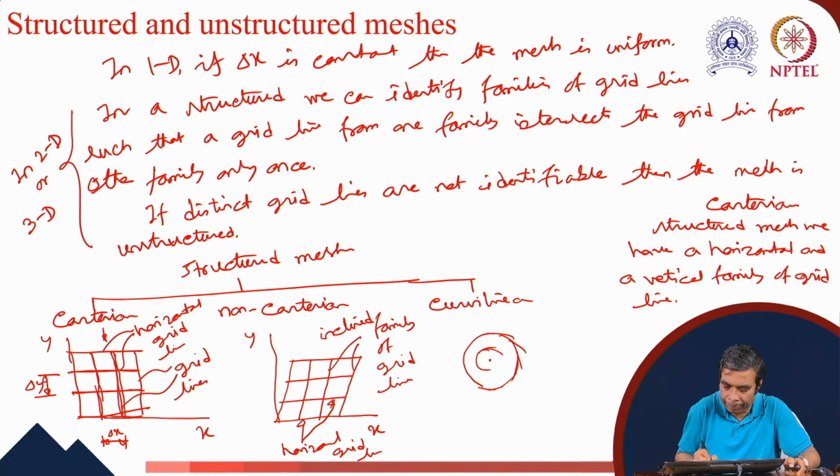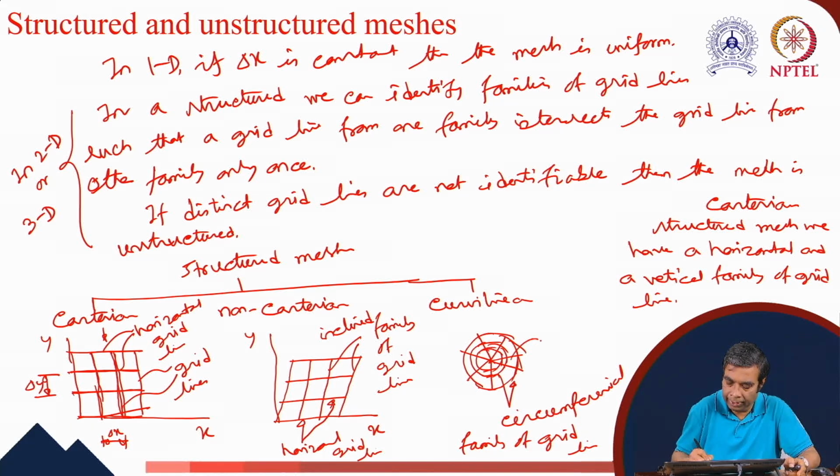So this is an example of a structured mesh where we are having two families of grid lines, the radial family of grid lines and the circumferential family of grid lines. So the tangential grid lines construct the circumferential family of grid lines, and the radial family of grid lines.